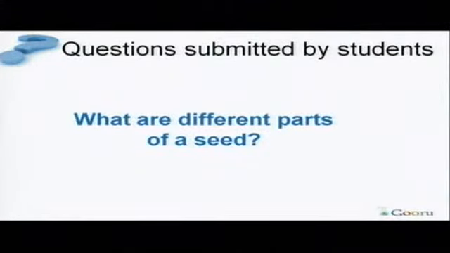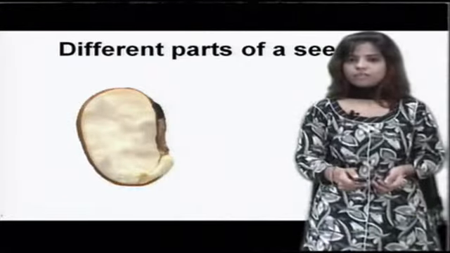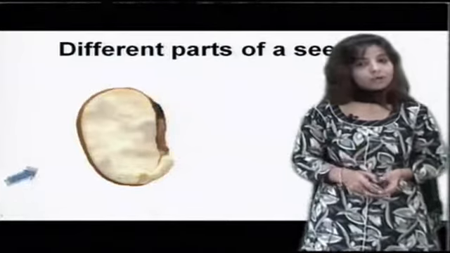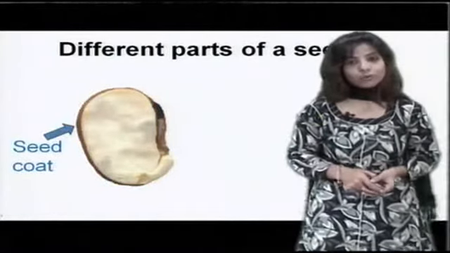What are the different parts of a seed? And children, we are going to learn the different parts of a seed, and the image you can see right away on the screen, it's a seed. And just be careful now, just see what happens. You can see this highlighted brown covering. It is a seed coat.